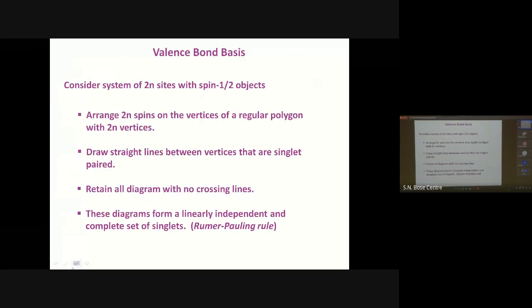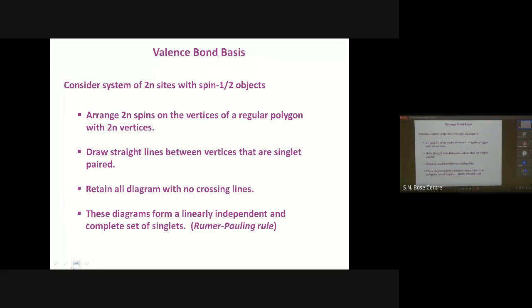Well, I'll just give you an idea about what a valence bond basis is. It's very, very simple. Valence bond basis constructs singlets between pairs of two electrons or pairs of two spin-halves. So I'm only going to deal with a spin-half system, and for convenience, taking it as a 2N site system. So what you do is you arrange these 2N spins at the vertices of a regular 2N-gon.